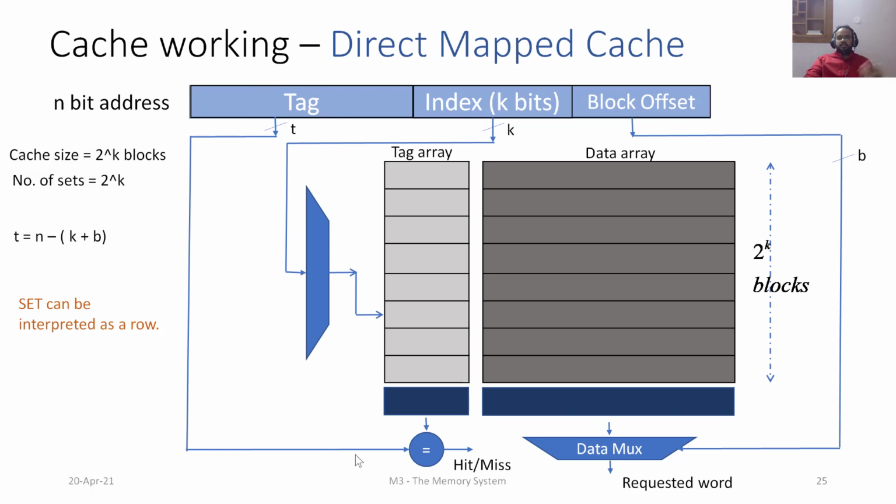If it is not, then it's a miss. If it is a hit, then from the data array, we use the block offset to select one particular word and send it back to the processor. A set now can be interpreted as a row. Here, because it's direct mapped, each set has only one block in it.